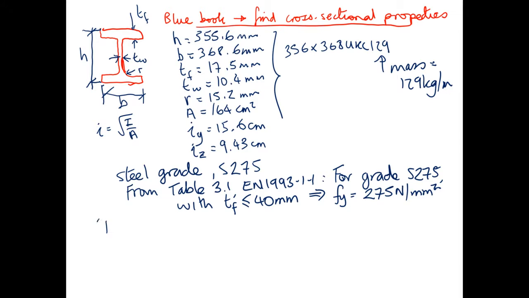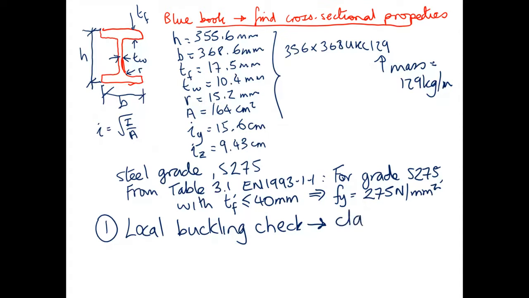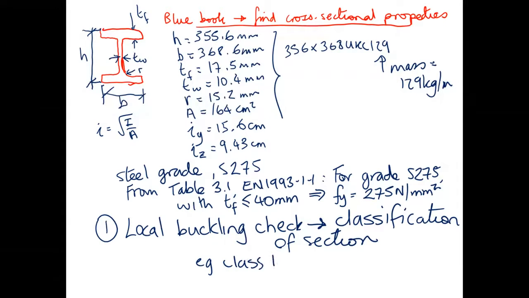So the first thing we're going to do is the local buckling check. And how do we do that? We do that by classification of the section, e.g. is it class 1, 2, 3, or 4.